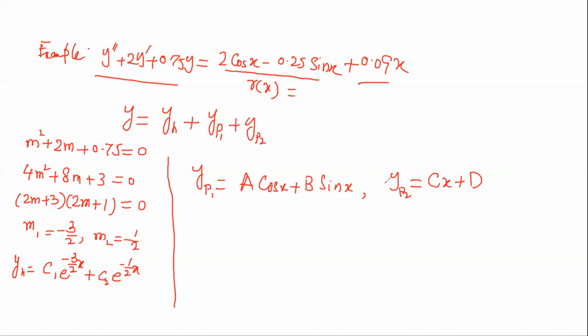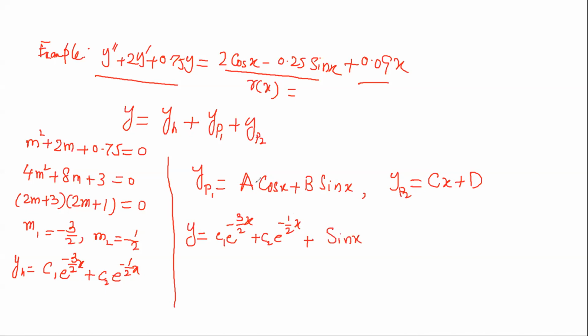And in this case, you will see that the final general solution will be, let me find, where is it? Yeah, the final general solution will be y equal to the homogeneous solution, so C1 e to the power minus 3/2 x plus C2 e to the power minus 1/2 x, plus sine x.